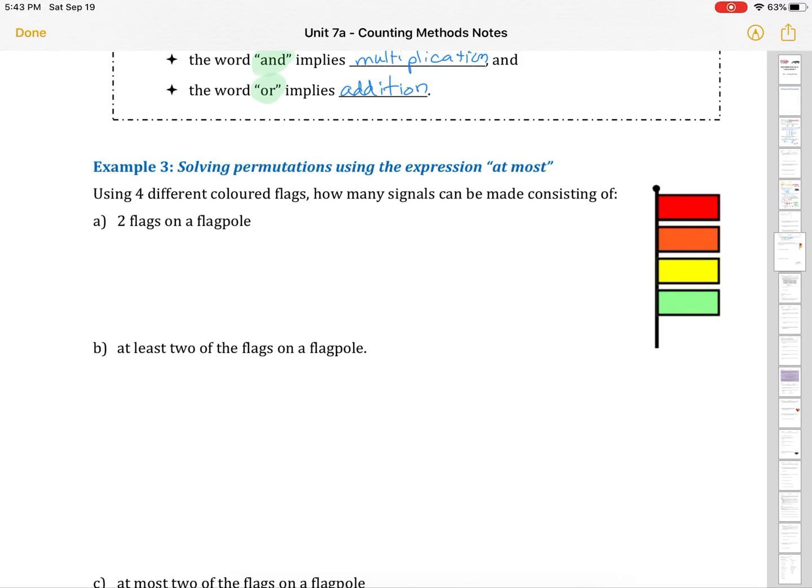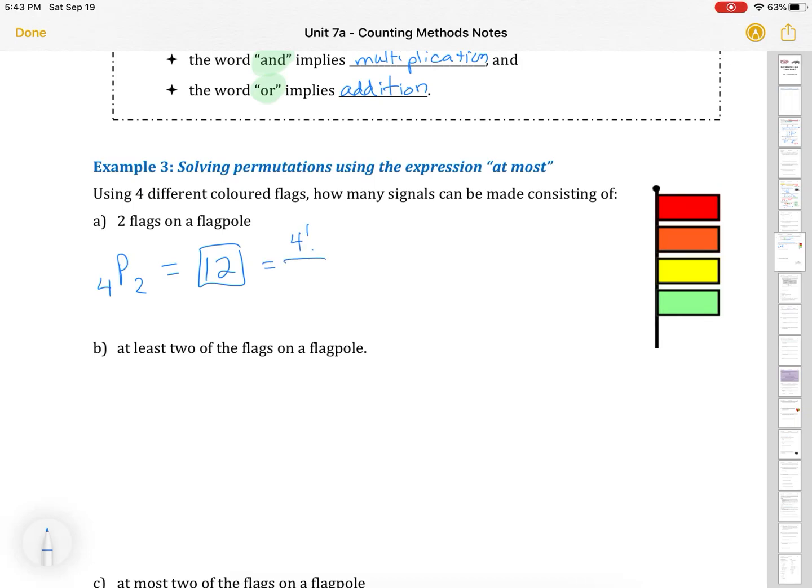Alrighty. So, using 4 different colored flags, how many signals can be made consisting of 2 flags on a flagpole? So, 4 flags, but we can only pick 2. So, 4P2, we put that in our calculator, following our instructions, and we get 12.